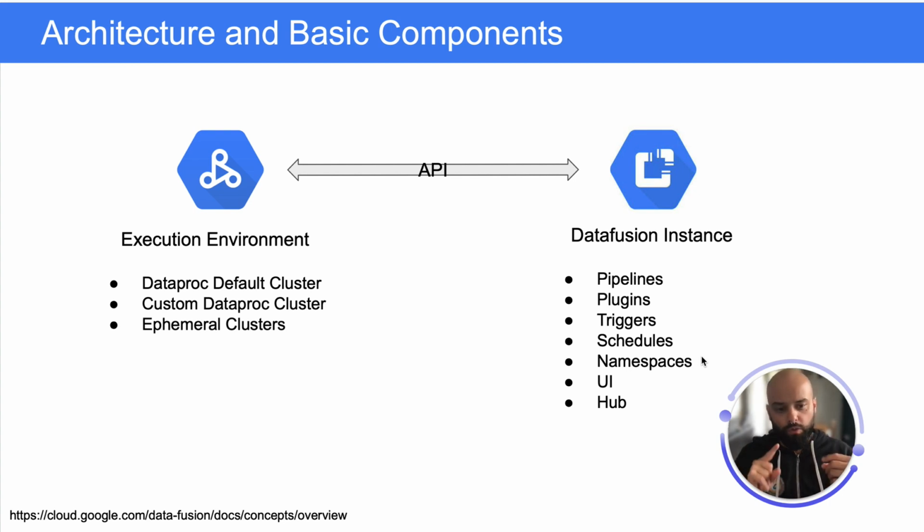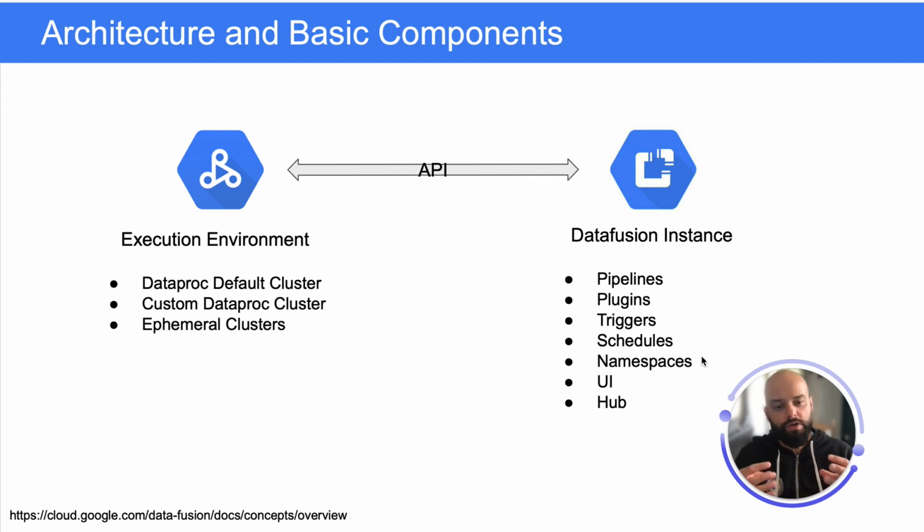We're gonna create only one instance here for us to test, but inside one instance we can have multiple namespaces, because you can, for example, separate by company area, like sales Datafusion instance, or like warehouse Datafusion instance, or you can also separate by environments. So for example, by dev, staging, prod.